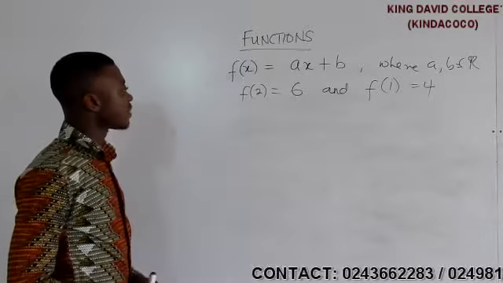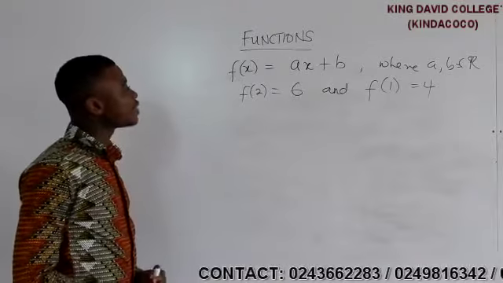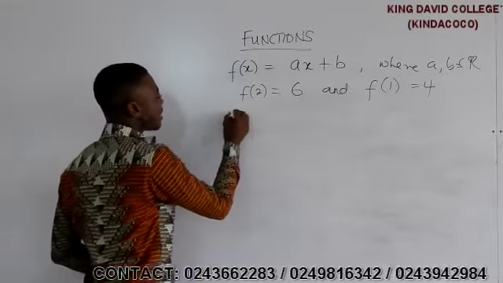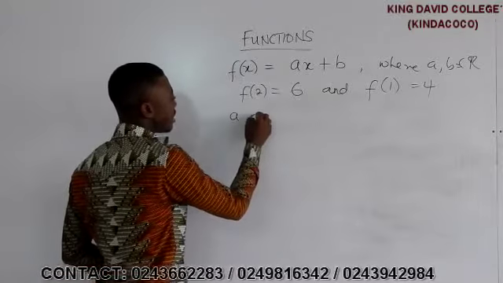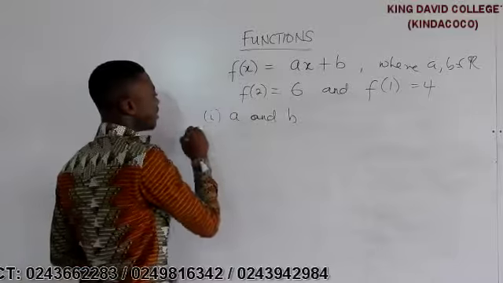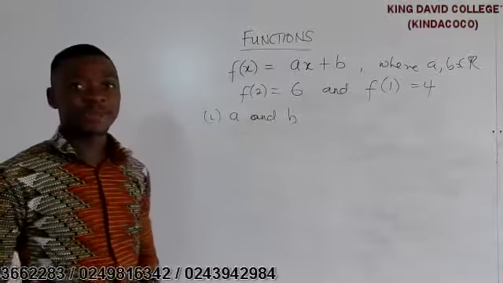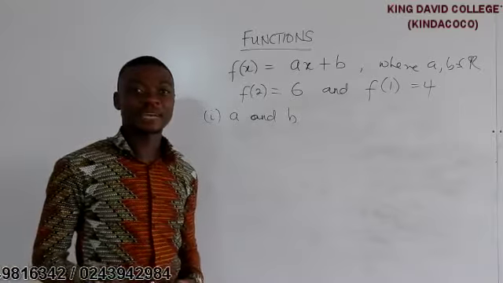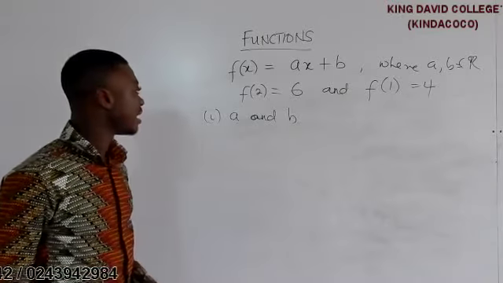Very well. When this is given to you, the question is asking you to find a and b. So you have to find the values of a and b. This is not different from the normal ideas we have.